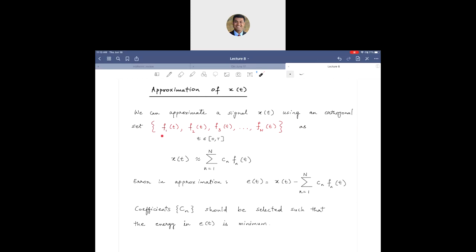The orthogonal set of functions that we are considering are f1, f2, f3, and so on up to fn. We are approximating x of t using this orthogonal set, and those functions are defined for time 0 to capital T. We do this approximation by evaluating c sub n. C sub n refers to the coefficients. So project x of t onto f1, and it will result in some coefficient c1.